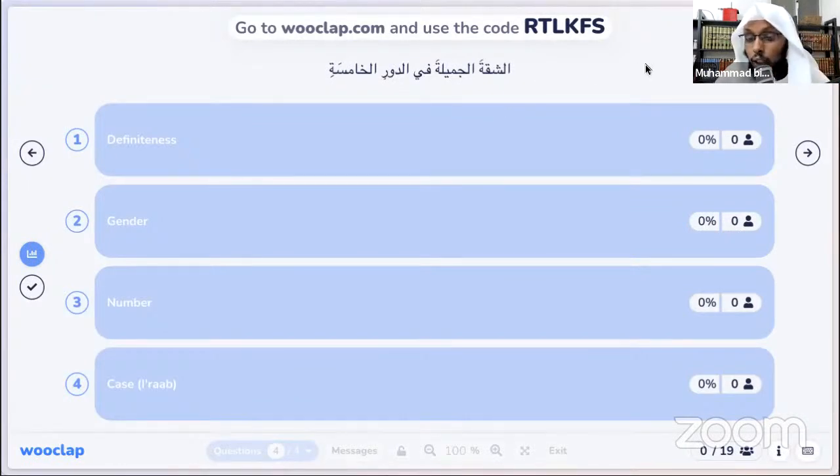Now you have to be eagle-eyed for this. Pay attention. Is there agreement here between the nouns and the adjectives? Yes or no?